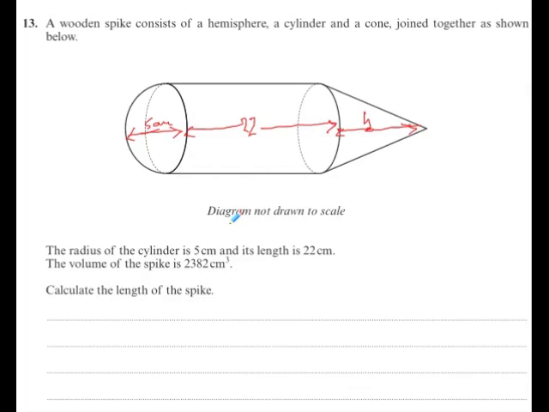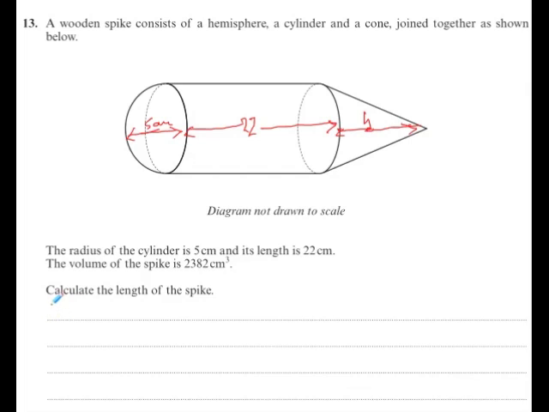Now, we can calculate the volume of the cylinder and the volume of the hemisphere. By calculating those two, we can subtract those from the volume of this whole shape here, and that will leave us with the volume of the cone. Knowing the volume of the cone means we can calculate h, and by calculating h, we can then calculate the total length of the spike. So let's start by doing that.